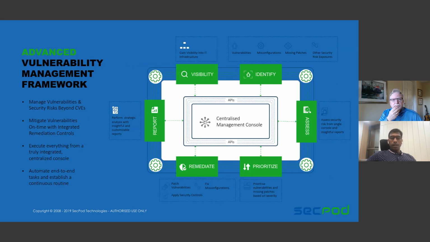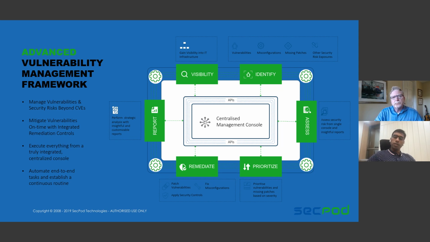And this is a framework that we have come up with, and today we have a solution for it. When you look at the entire vulnerability management lifecycle, you have one requirement, which is to get visibility into the IT environment.